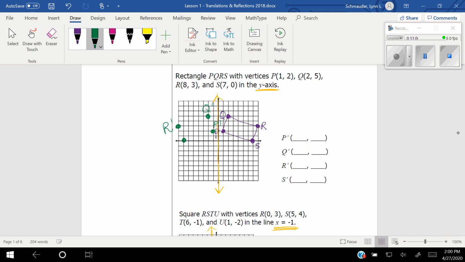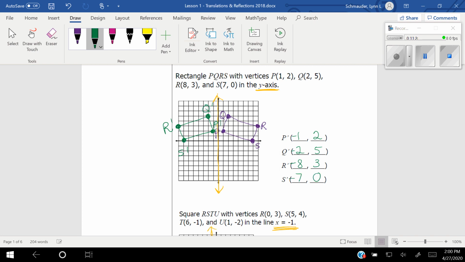Let's see, what was that? R prime and S prime. There's our new rectangle reflected over the y-axis. So the new vertices will be (-1, 2), (-2, 5), (-8, 3), and (-7, 0).